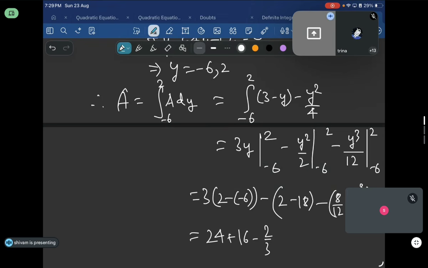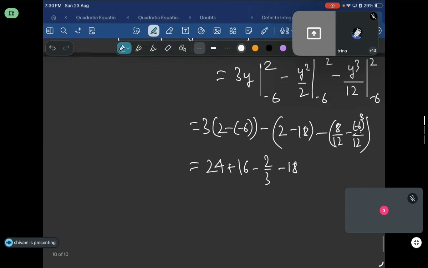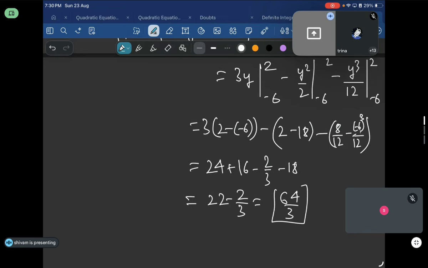And over here 6 cube is 216 by 12, that is 18. Minus 6 whole cube, right? Anyone having any doubt? 24 minus 2 is 22, so I am getting 22 minus 2 by 3, which is 64 by 3. Yes, 64 by 3 is the correct answer.